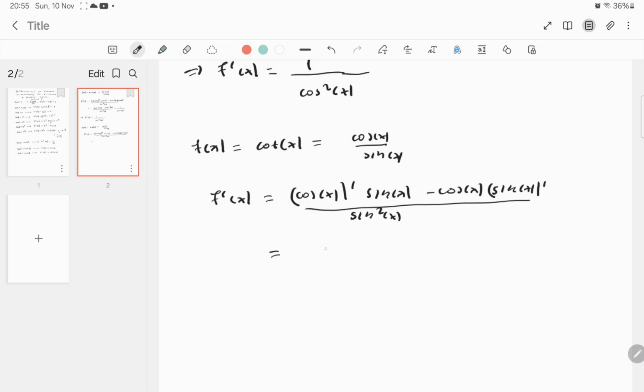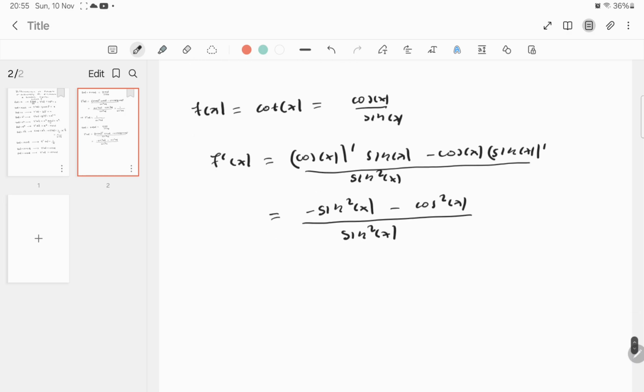The derivative of cos is minus sine, so it's minus sine squared of x, minus the derivative of sine, which is cos, so minus cos squared of x, divided by sine squared of x. So my numerator is minus 1 over sine squared of x.